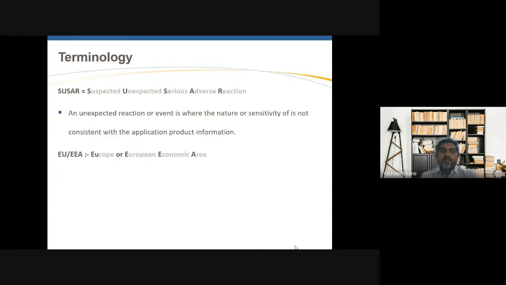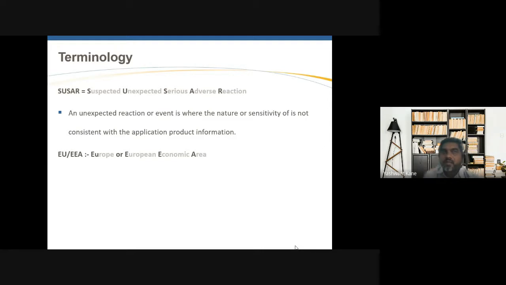Moving on to the next, SUSAR: suspected, unexpected, serious adverse reaction. Suspected, meaning due to the product. Unexpected, meaning you are not expecting it. Serious adverse reaction, meaning it happened after you took the drug. So the unexpected response due to the drug is called a suspected unexpected serious adverse reaction.